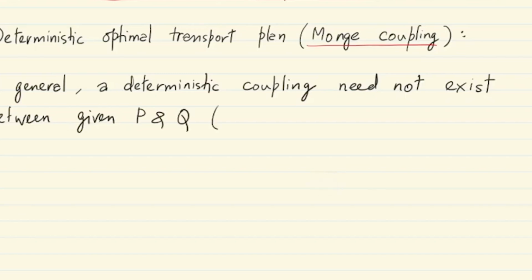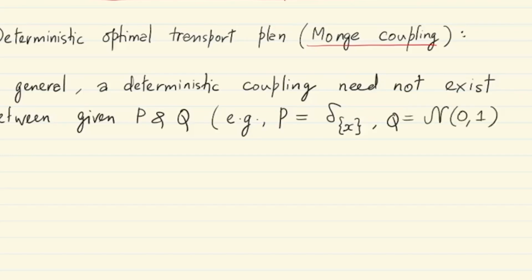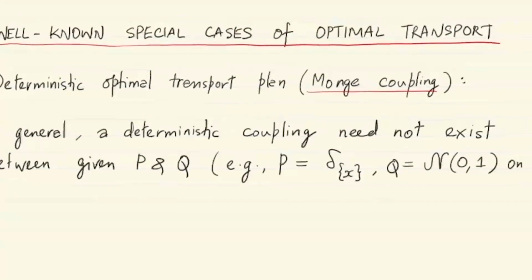So as a simple example, let's just take the space as the set of all real numbers, and if you have P as a Dirac delta probability distribution supported on some point x, and Q as a very nice distribution absolutely continuous with respect to Lebesgue measure, let us say a Gaussian measure on R, then there is clearly no optimal transport plan.